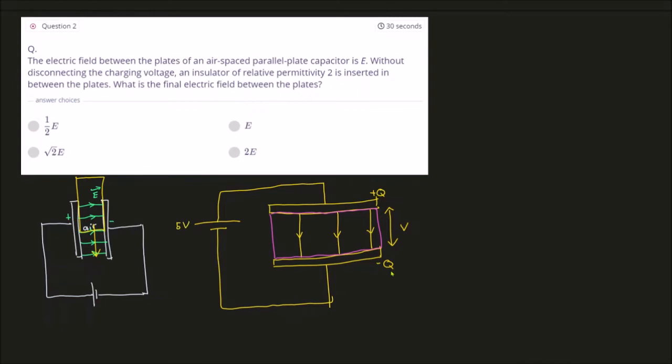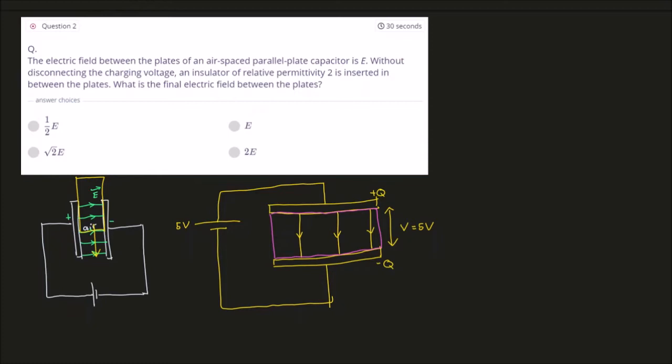Let's say this battery supplies 5 volts; it means each coulomb of charge that passes through it gets 5 joules. So the V over here must be equal to 5 volts as well. No matter what kind of dielectric you bring in, you have to keep the potential difference across the plates constant, because that's how much energy is being supplied to the capacitor.